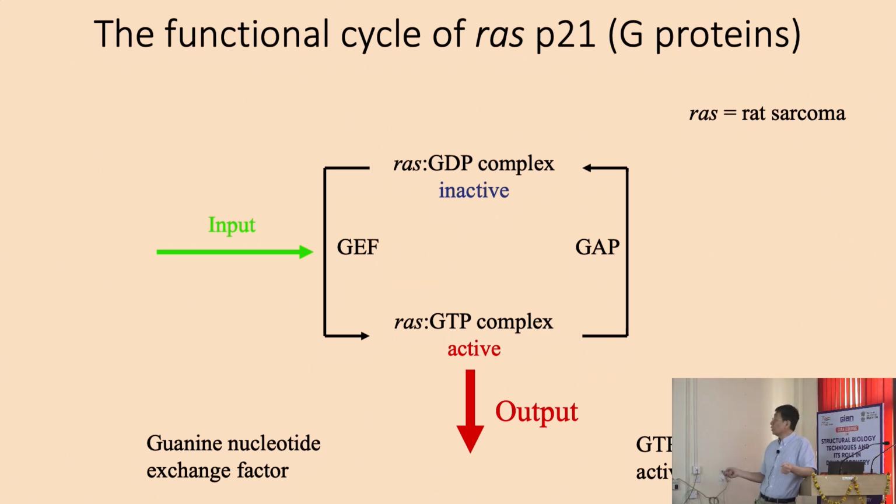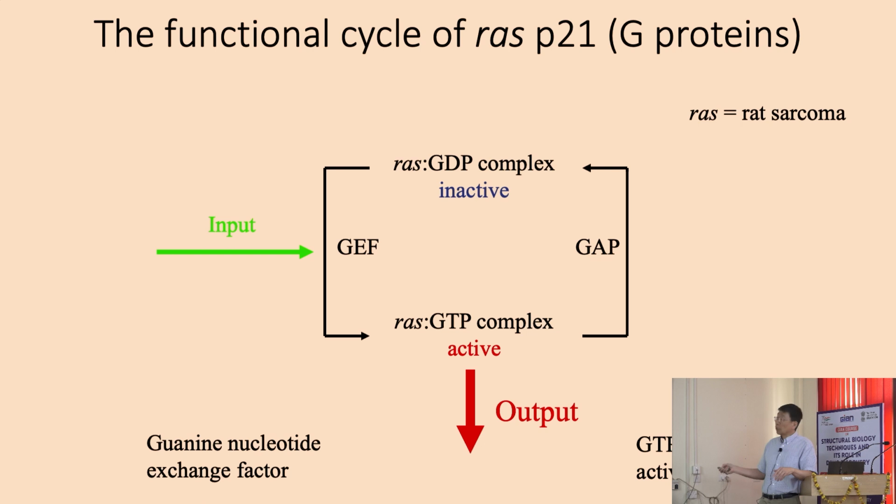And then how do you turn it off? You hydrolyze the GTP. RAS and G proteins on their own have a low GTPase activity to turn themselves off. But you can have GTPase activating proteins that turn it off faster so that the enzyme can return to the basal state. You can imagine that this output most often is growth.